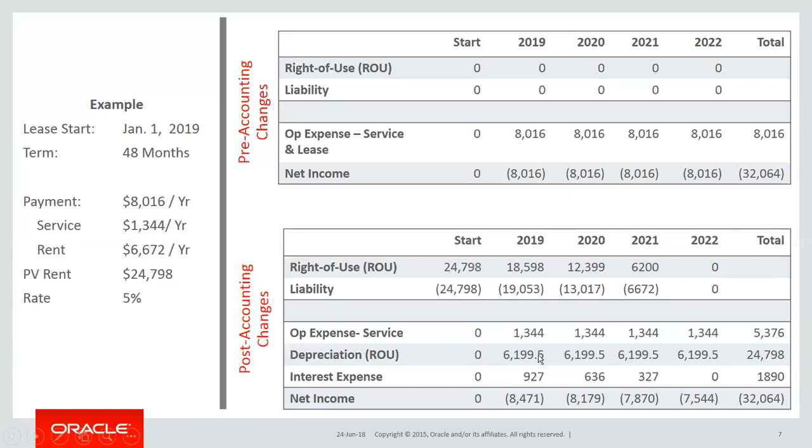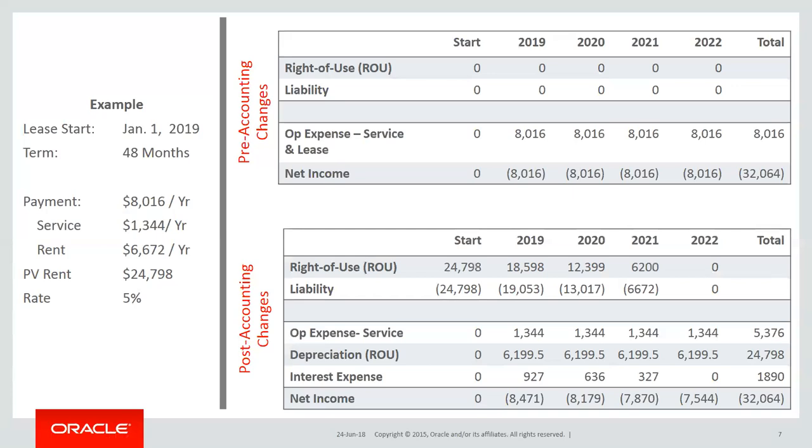So the totals may not match for IFRS because there is front loading, but by the time you come to the end of the lease, your total depreciation expense and interest expense will total the leasing component expense for all the 4 years, or rather 5 years. In the case of US GAAP, that's the primary differentiation point between US GAAP and IFRS. The same lease expense for 6672, which you're paying every year, is going to be split between your interest and amortization.